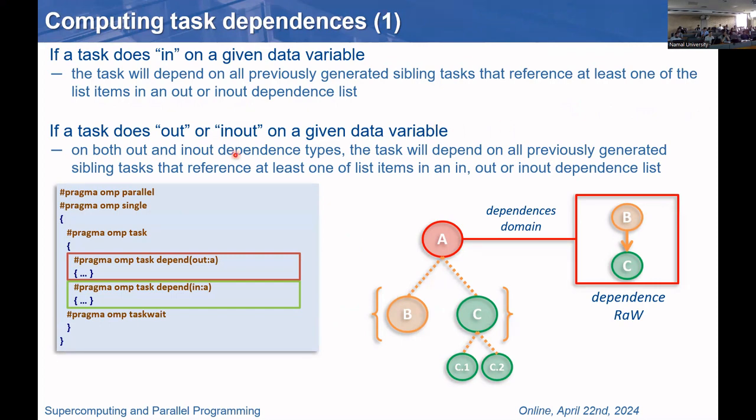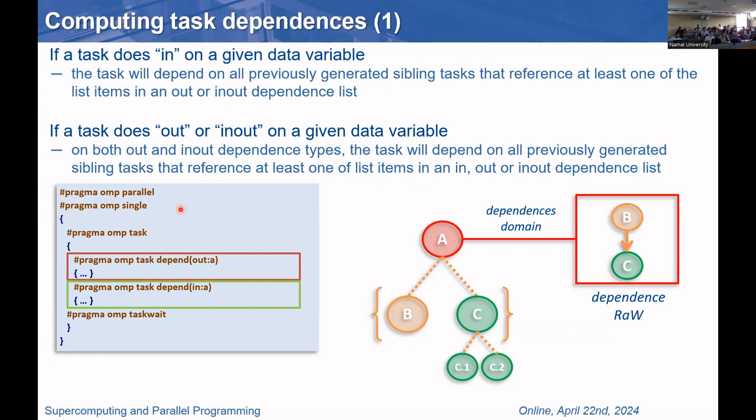So if a task does an out or an in-out, then it will depend on both input and out or in-out dependence types. Basically, if I have a pair of tasks that do input on the same variable, this is not a dependence because reading is not modifying anything.